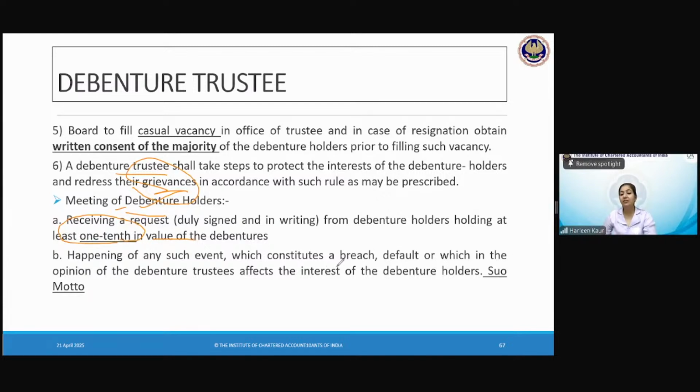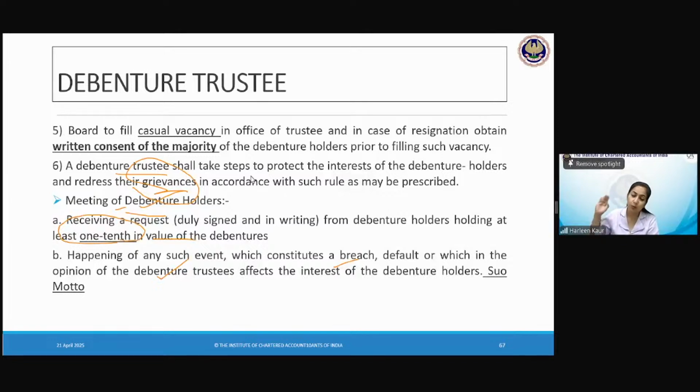But in case there is a consistent breach, a default is happening, and the debenture trustees think that there is a need of calling the meeting, then can they call the meeting suo motu? Yes, the interest and trust needs to be paid, so there is no problem in that.